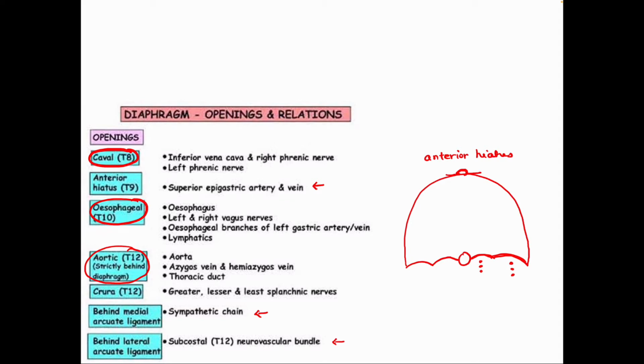So these are all the openings: caval opening, esophageal opening, aortic opening, space behind the medial crus, space behind the lateral crus, and the anterior hiatus. Okay, these are all the diaphragmatic openings and their relationships.